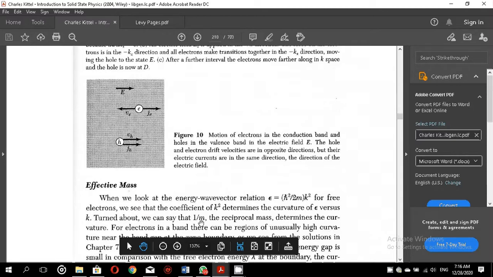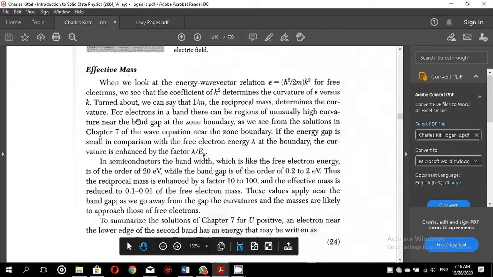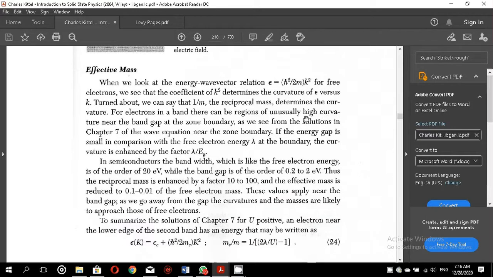Turned about, we can say that 1 over m, the reciprocal mass, determines the curvature for electrons in a band. There can be regions of unusually high curvature near the band gap at the zone boundary, as we see from the solutions in chapter number 7 of the wave equation near the zone boundary.